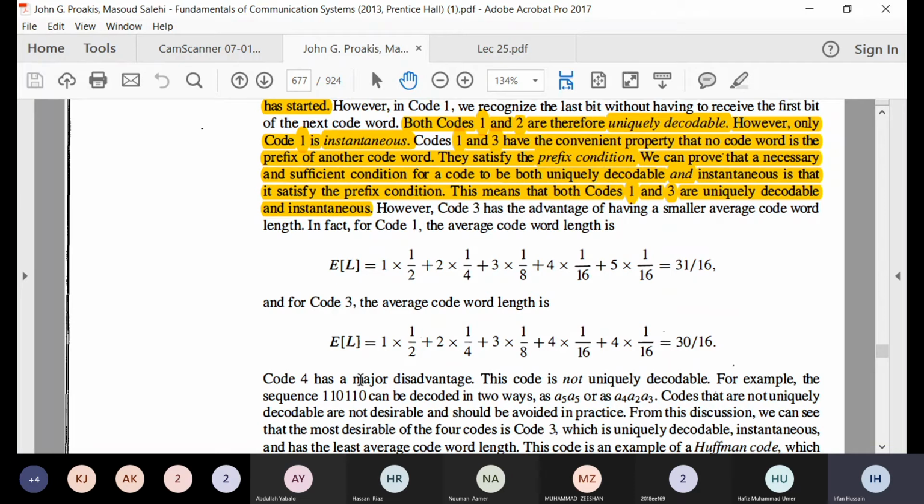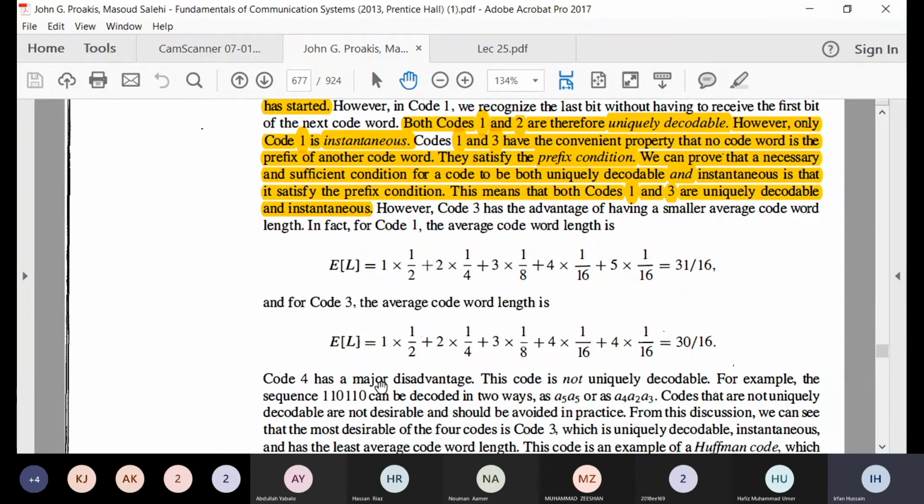And with code 4, you can see it has a major disadvantage because one of the codes is a prefix of the other code. In that case, you won't have unique decodability. The code is not uniquely decodable because 110 can be decoded as A5, since 110 is A5.